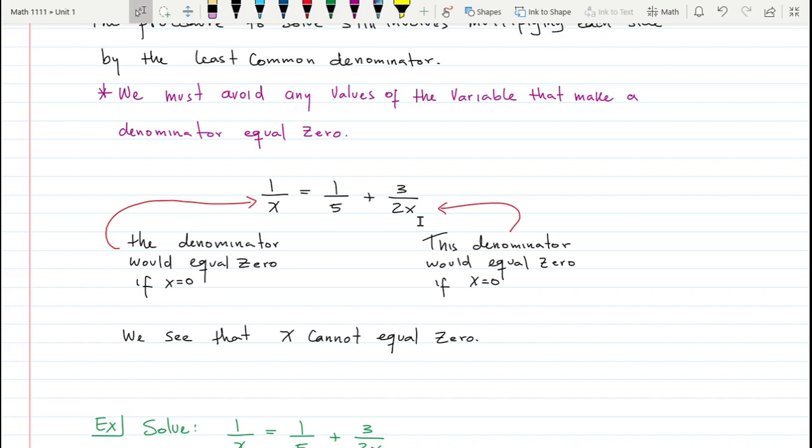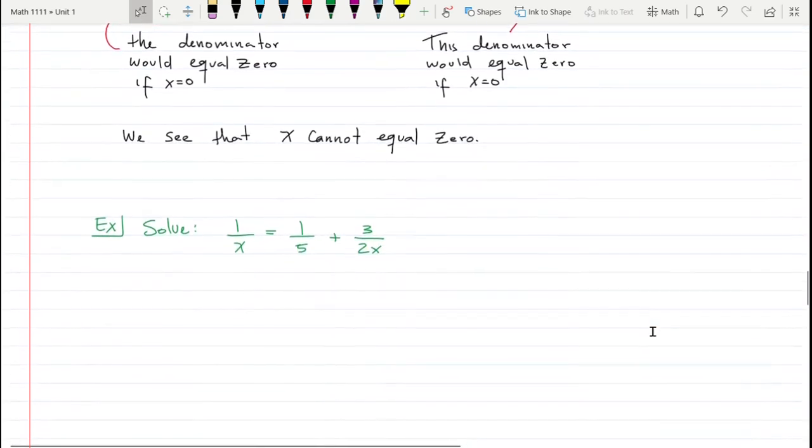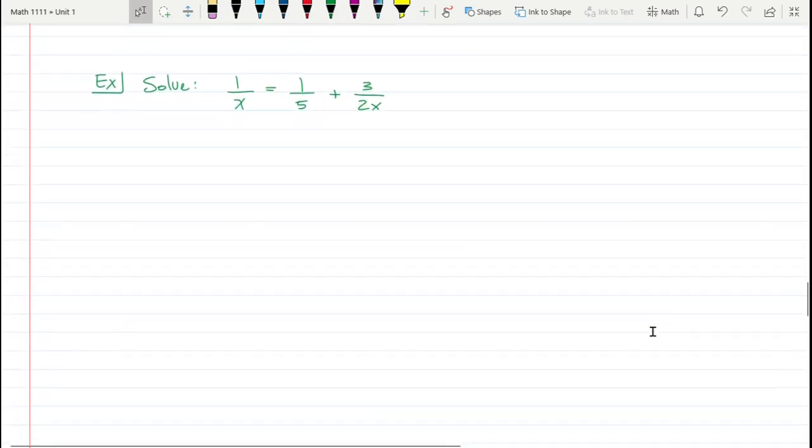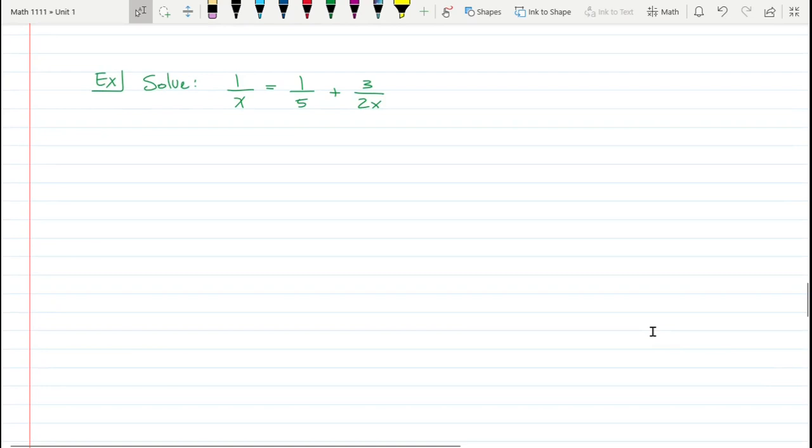As we reach the end of the problem, we would want to figure out what are the values that x equals, and then exclude 0. So let's go ahead and solve this problem. And before we do anything, since we just talked about this problem, we'll say x equals 0 is a restrictive value.